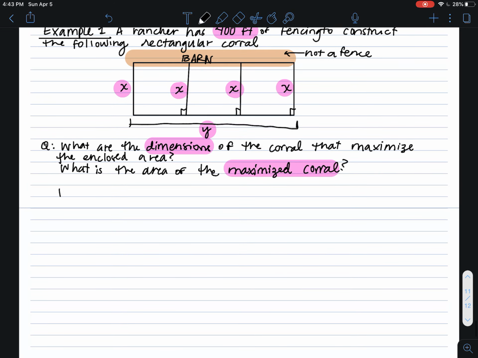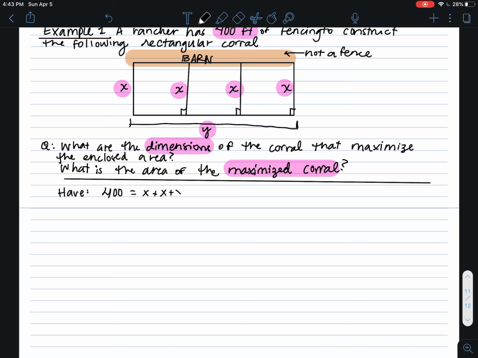Let's write down what we have and what we want to find. We have, based on our picture, that we have 400 feet of fencing, and we need all of our different lengths of fence to equal that.